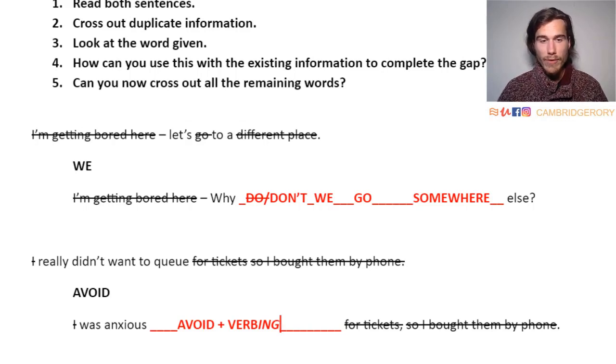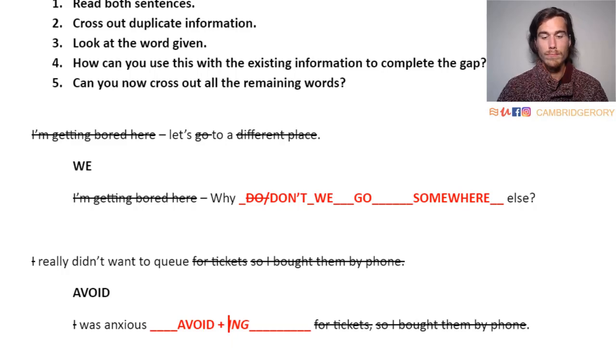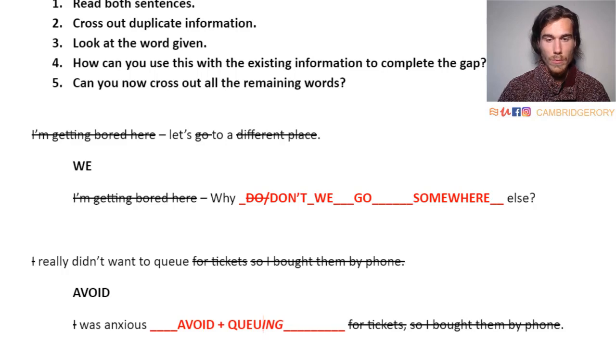Anyway, avoid is with a verb ing. So what is the main verb in this sentence? Want or queue? Well, we want to avoid queuing, not wanting. Queuing is a tricky word to spell in English, and this is how we spell it.